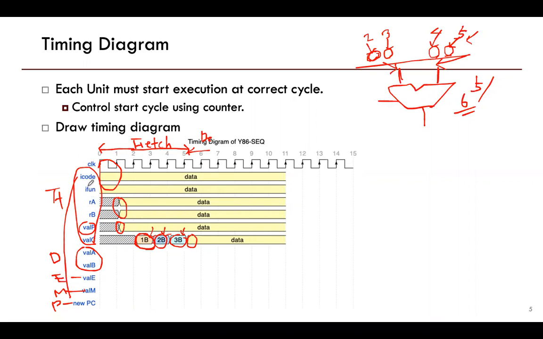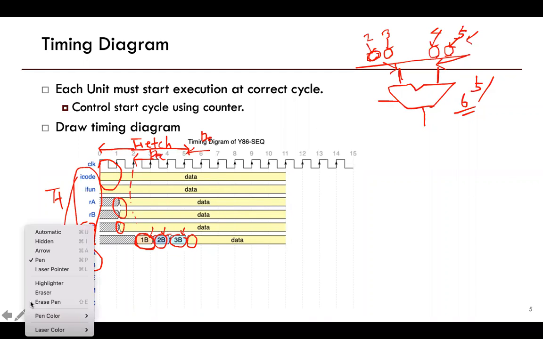As long as these 3 values are ready, the decoding stage can start, which means the decoding unit can start at cycle 2, right? Because at cycle 1, the 3 values are ready. Reading the values takes 1 cycle, so the decoding stage will be just 1 cycle, from cycle 2.